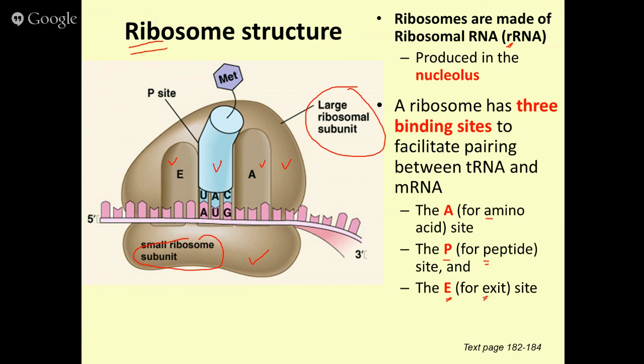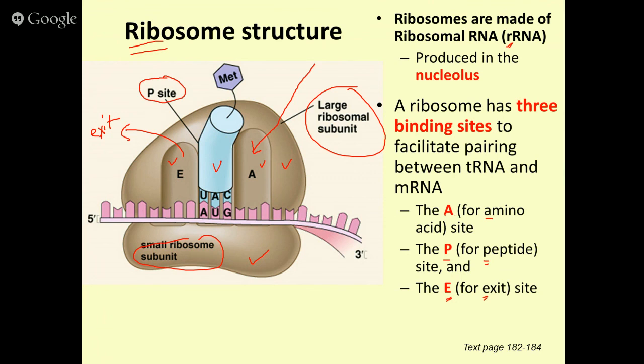This is where your empty transfer RNA is going to leave your ribosome. So I like to think the amino acid is accepted at the A site. It's stuck together and formed a peptide at the P site, and then E for exit, right? This is where the empty transfer RNA, tRNA, is going to exit the ribosome. So it's coming in, it's sliding over, it's exiting, it's off, right?